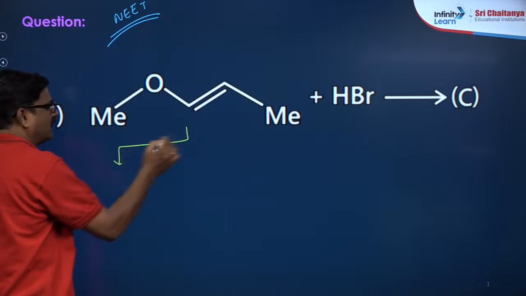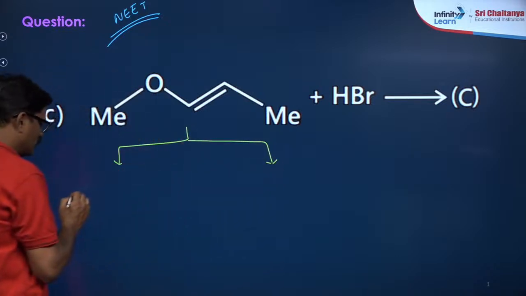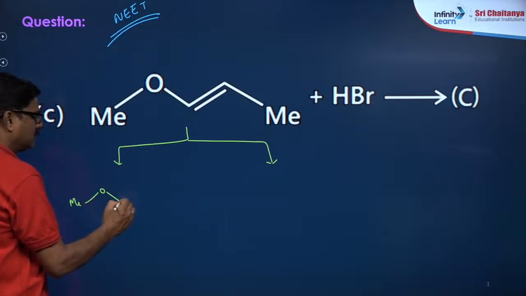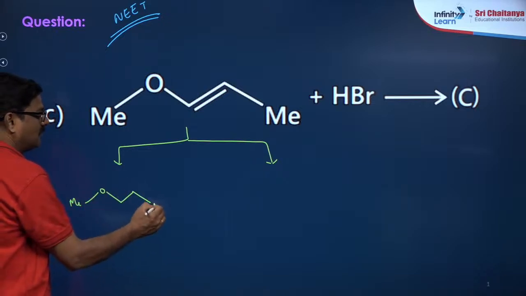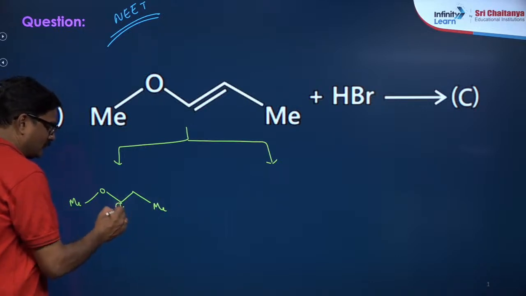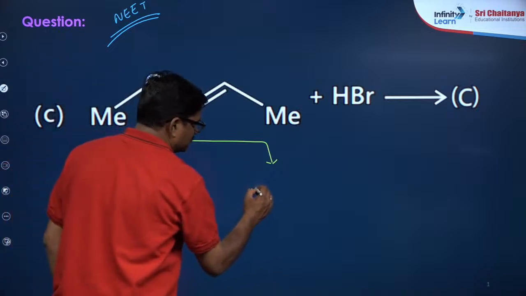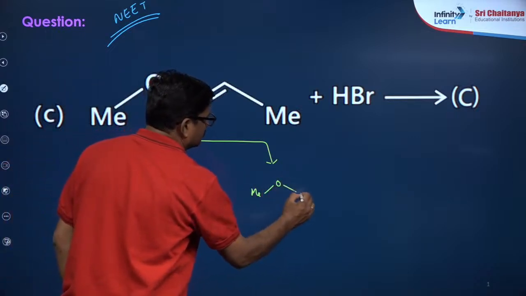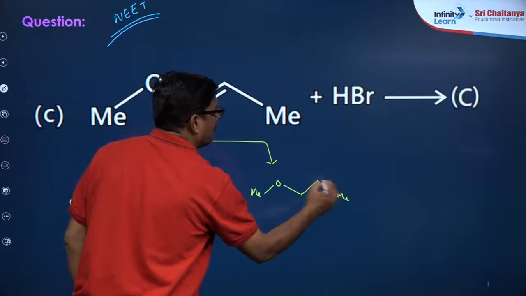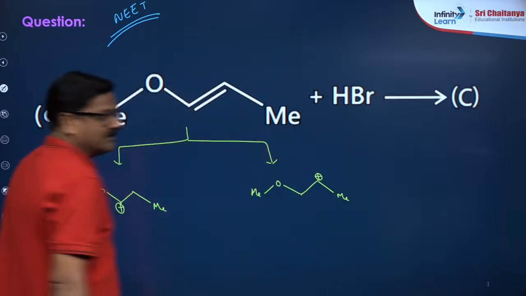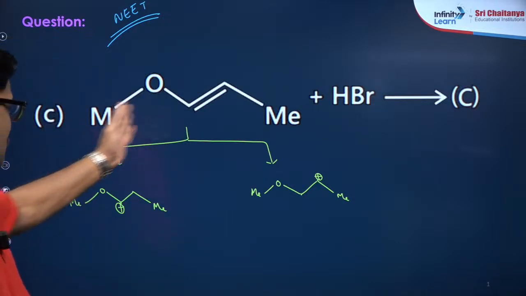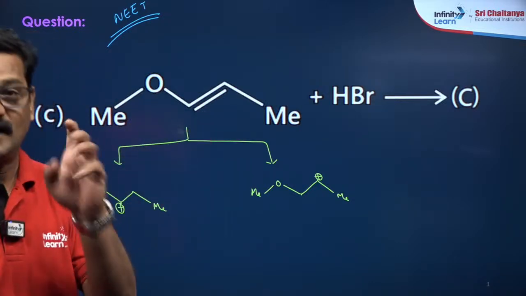two types of carbocation, right? Think about it yourself. Me, oxygen, Me, here there is a positive charge. Me, oxygen, Me. There are two kinds of carbocations that can be formed, this carbocation and this carbocation, first and second.